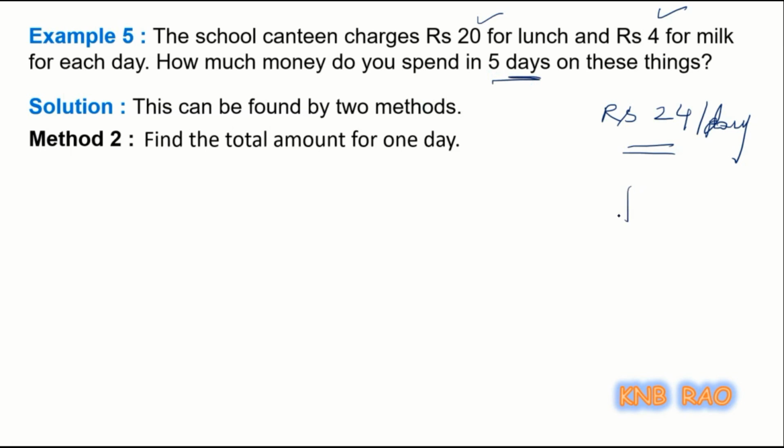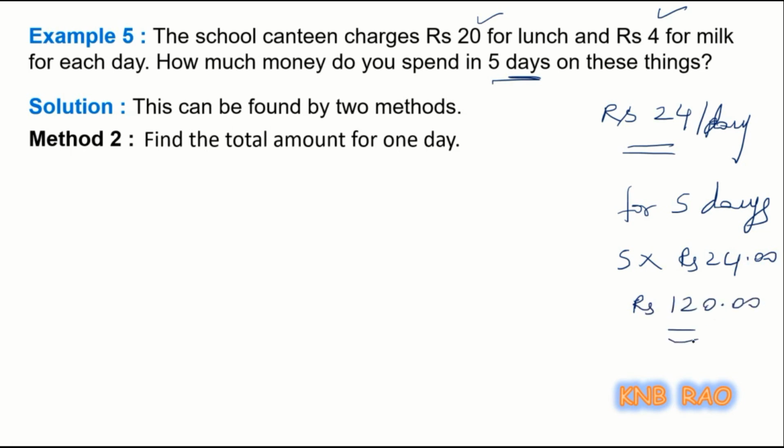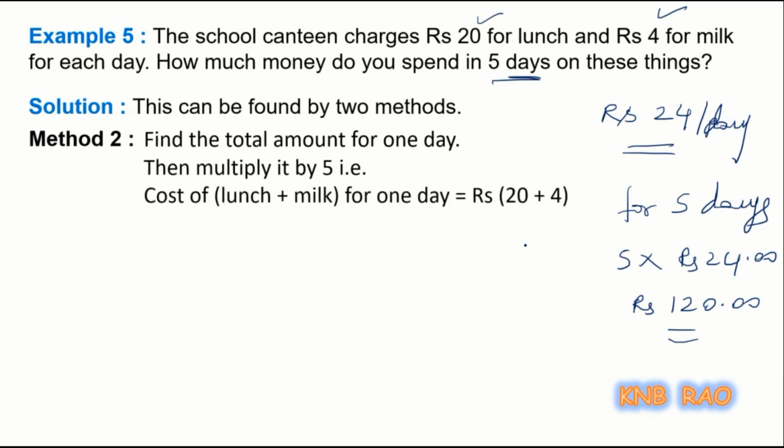So this way we can do for 5 days, 5 into rupees 24, which is rupees 120. How did we get it? Using the distributivity. Watch it. Then multiply it by 5. We did the same thing. Cost of lunch plus milk for 1 day is rupees 20 plus 4.